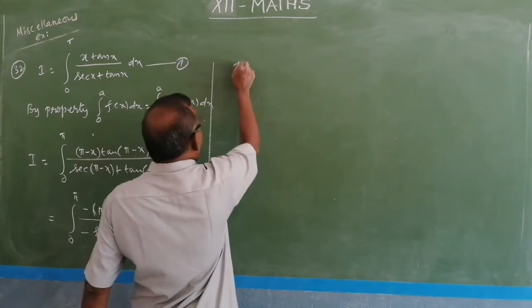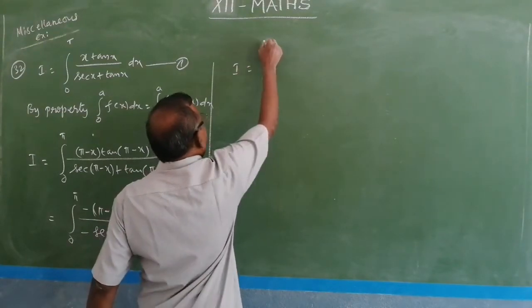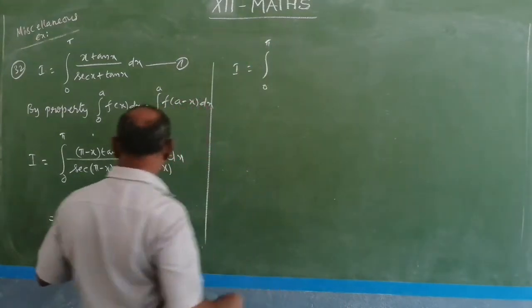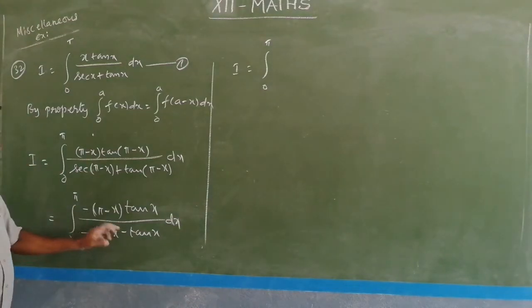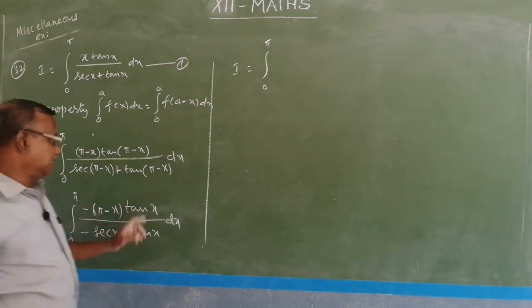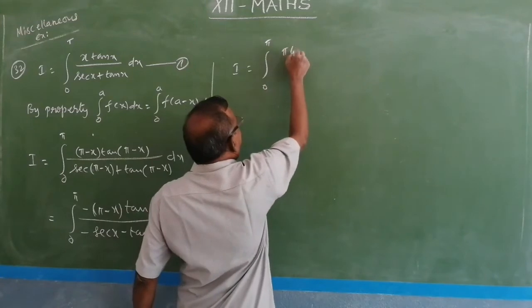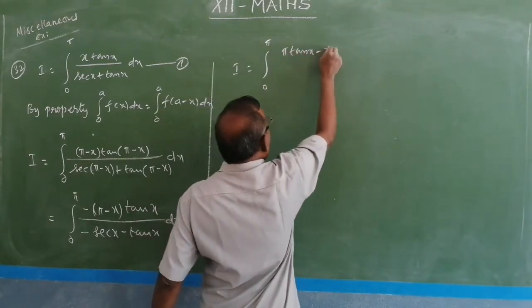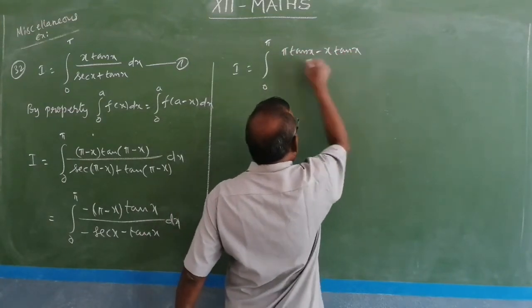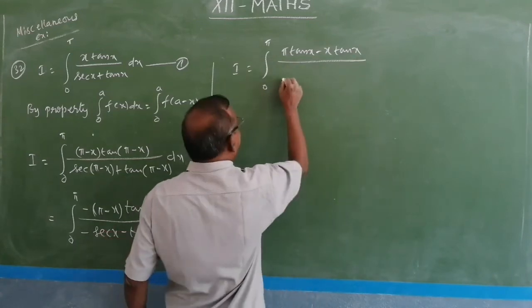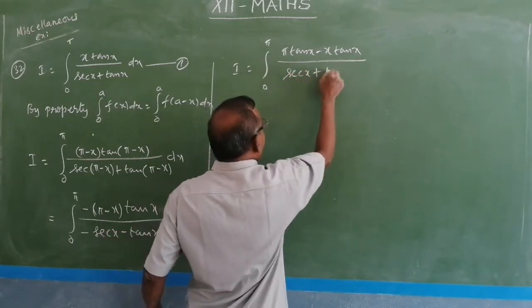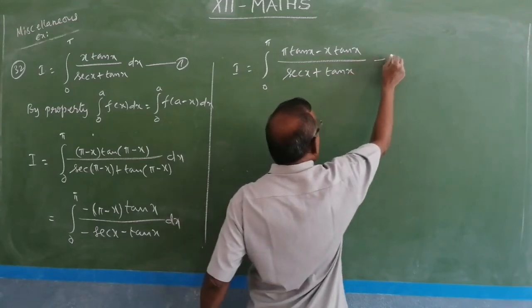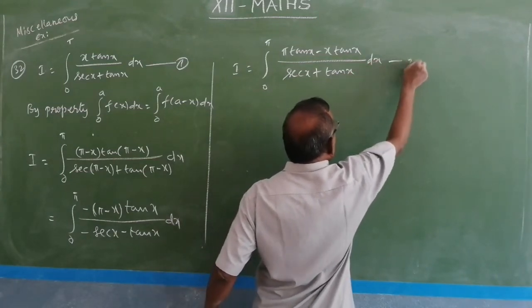So I equals the integral from 0 to pi, numerator pi tan x minus x tan x, and the denominator secant x plus tan x, into dx. Say this is 2.